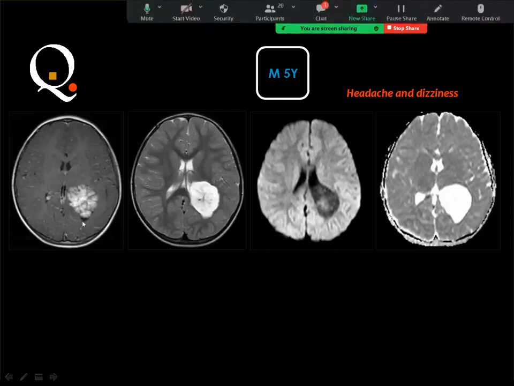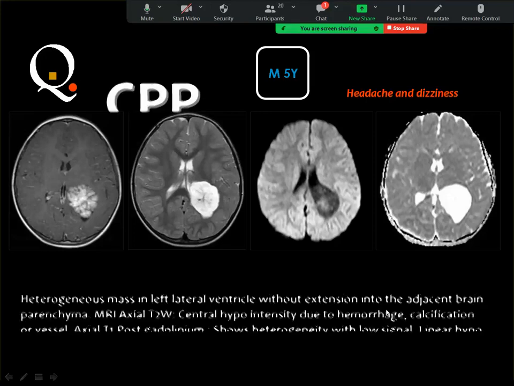Surface lobulated, strong enhancement, diffusion free, location at the site of the choroid plexus in the occipital horn of the ventricle, and the age of the patient. Most choroid plexus papillomas are seen before the age of 5 years.